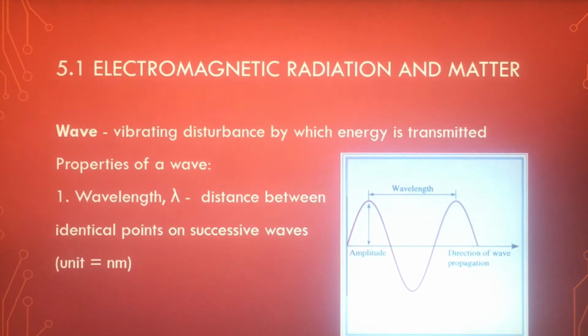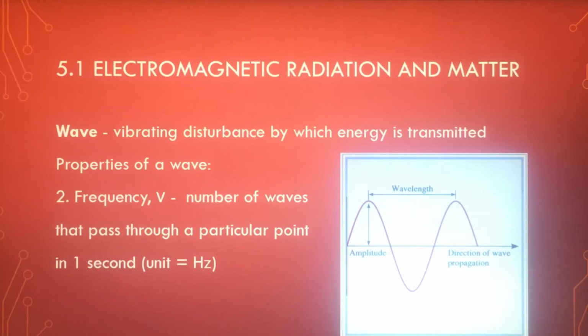The second property of a wave is frequency, characterized by the Greek letter nu. This frequency is the number of waves that pass through a particular point. For example, we have this point here. We count 1 second and we count all the waves that pass through that particular point.